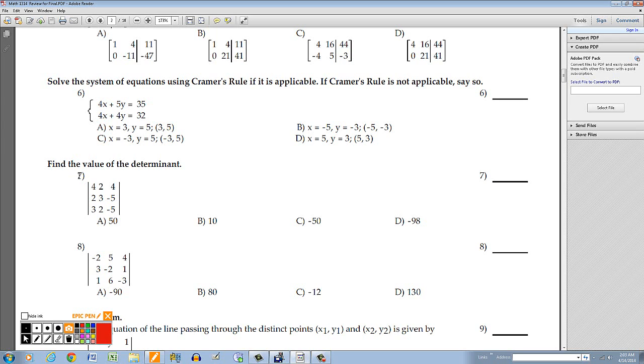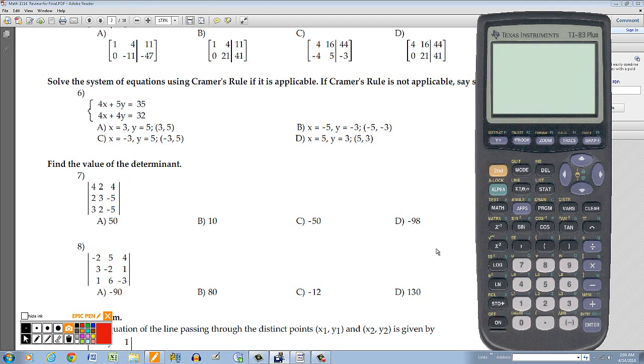For number 7, find the value of the determinant. Again, I remind you that I did several videos using the graphing calculator and how to evaluate determinants. So again, reference that on my Tony Pereira channel if you need a refresher on that. So on this one, I'm going to just take the calculator, the 83, and I'm going to do this.